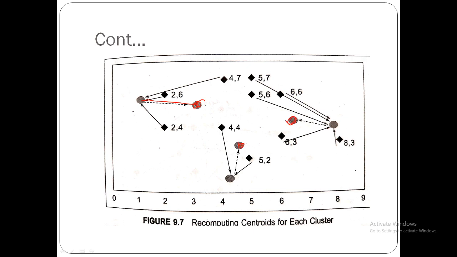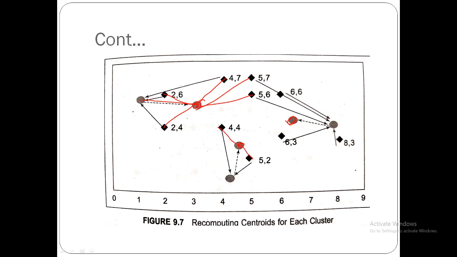For these centroids, once again you start allocating the data points. After doing this, once again you allocate the data points which are nearer to each other. 2, 6 is there, 2, 4 is nearer, 4, 7 is nearer here, 5, 7 is nearer, 5, 6 is nearer here, 4, 4 is nearer.